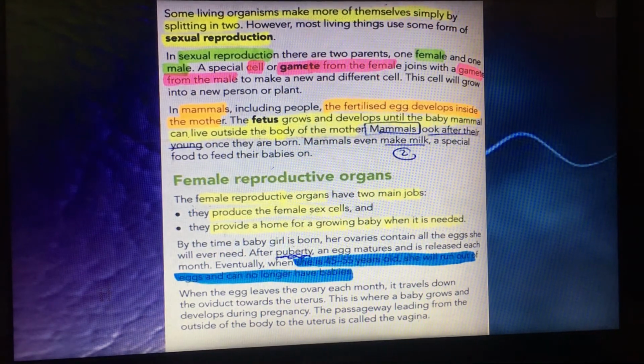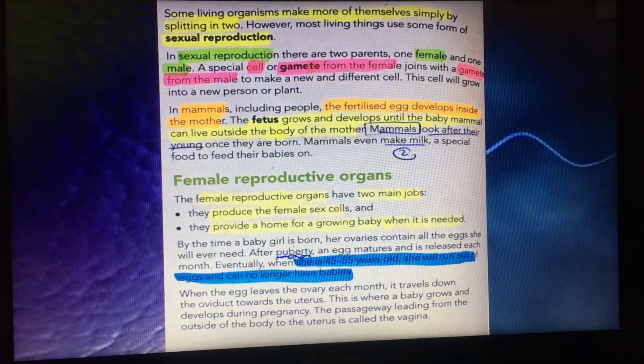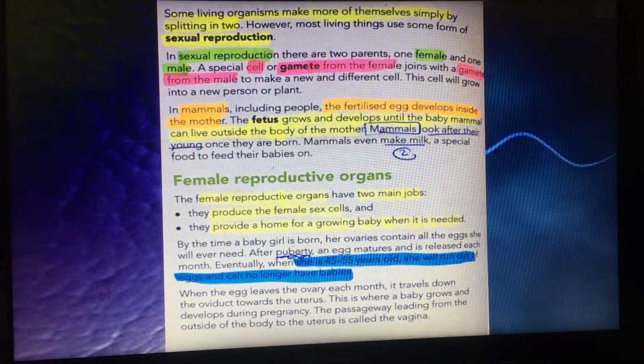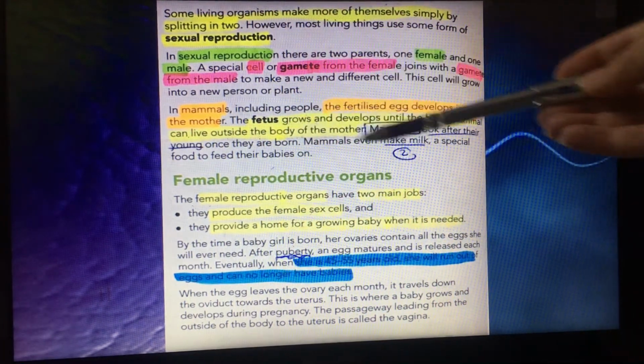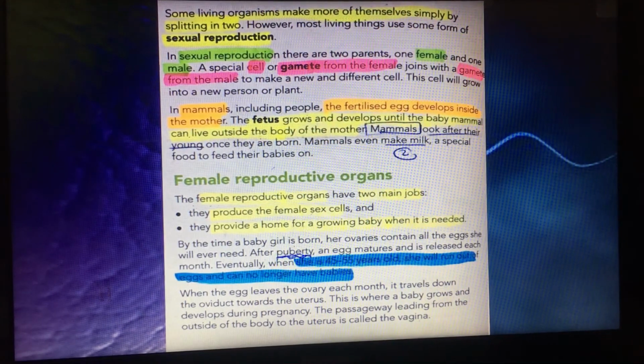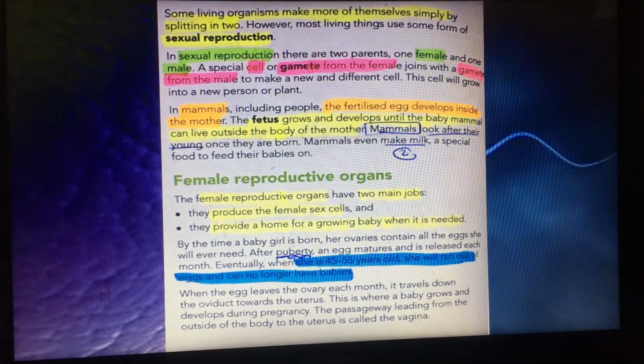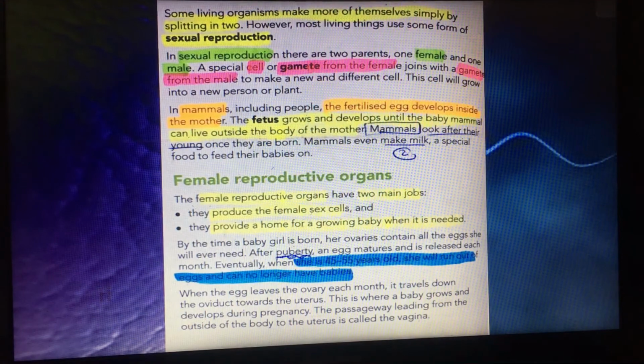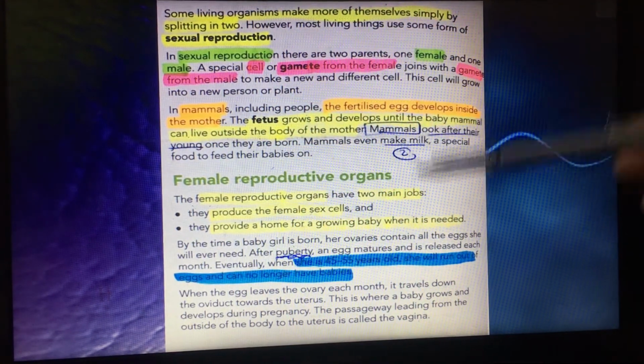So the main part in the female reproductive system is the uterus. Babies develop inside the mother's uterus. And you have to know that the fetus grows and develops until the baby mammal can live outside the body. So after birth, mammals look after their young and also make milk for them. The third thing that we explained is that the female reproductive organs have two main jobs.